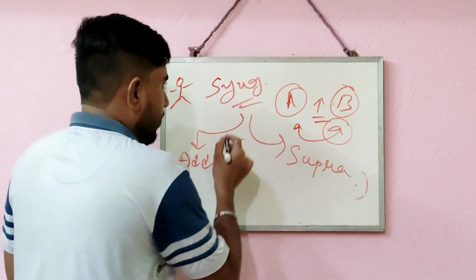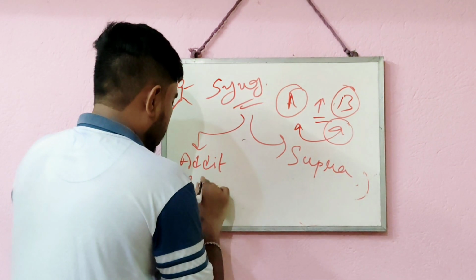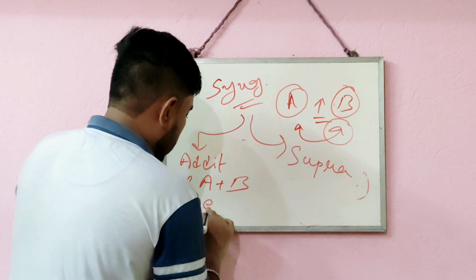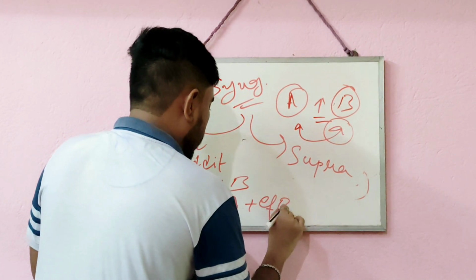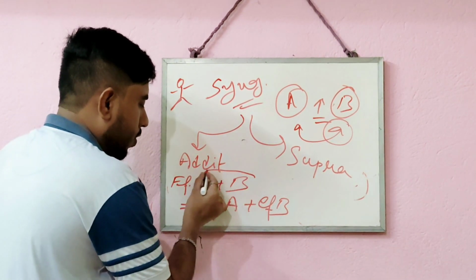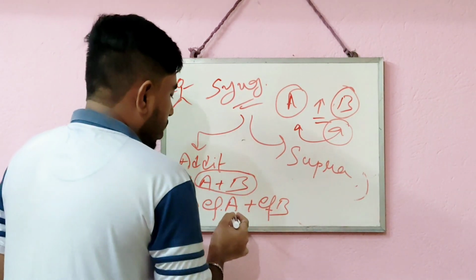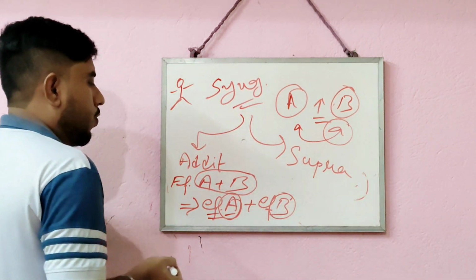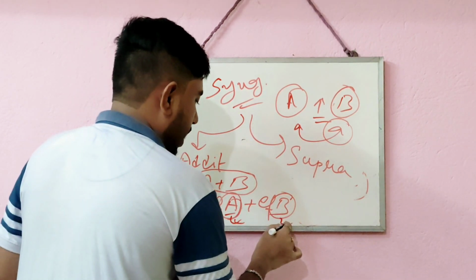In additive synergism, the effect of drug A and B combined will be equal to the sum of the individual effects of drug A and drug B. When we take drug A, it has its effect, and drug B has its effect.